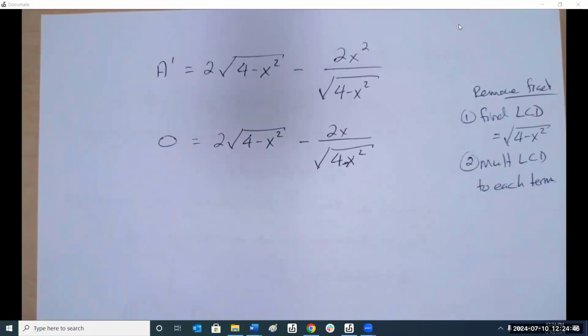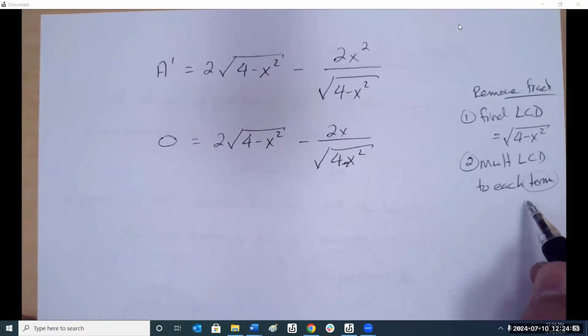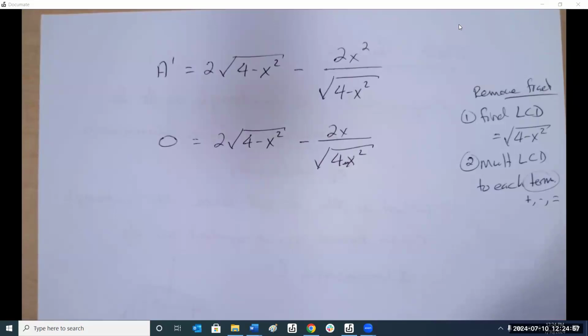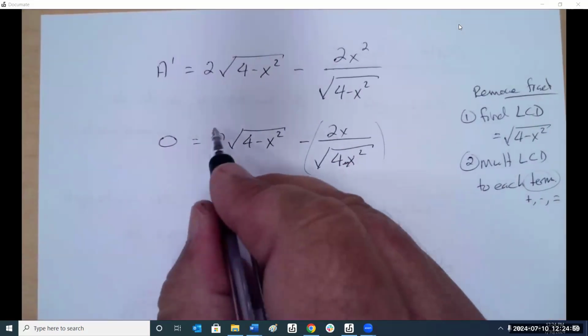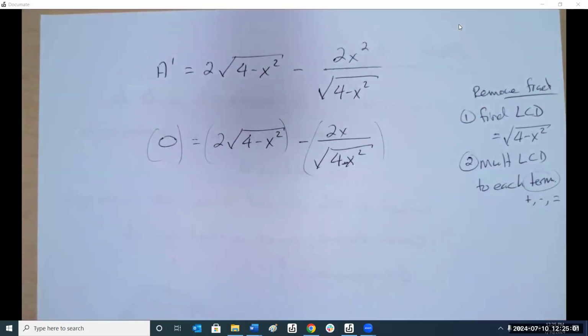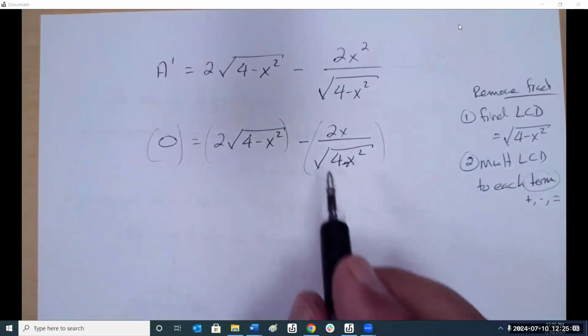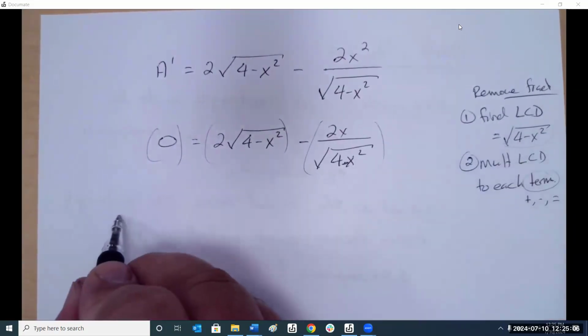What is a term? A term is anything separated by a plus, minus, or equal. So we have 3 terms in this example. We multiply the LCD to each term.